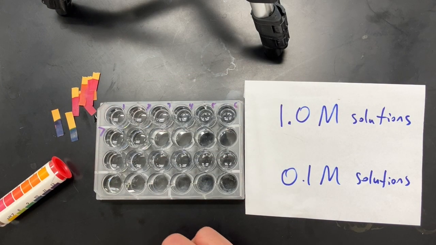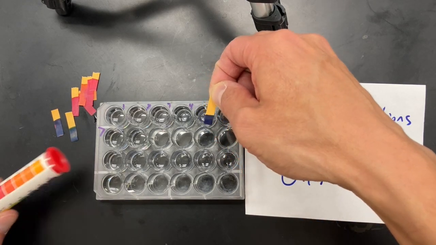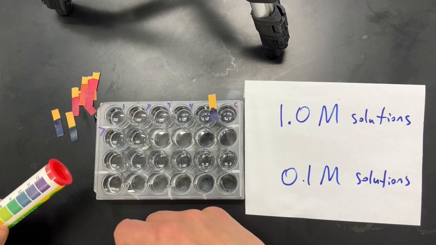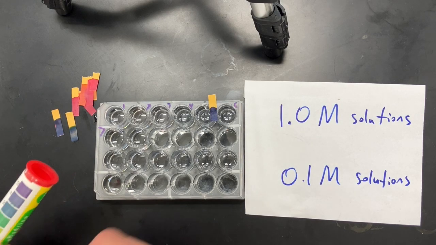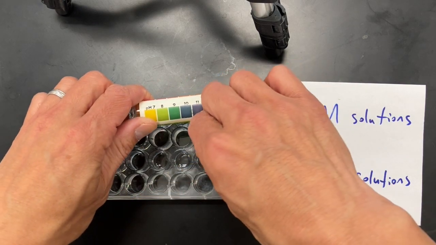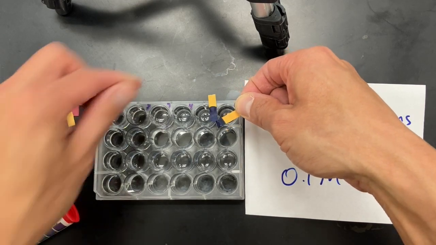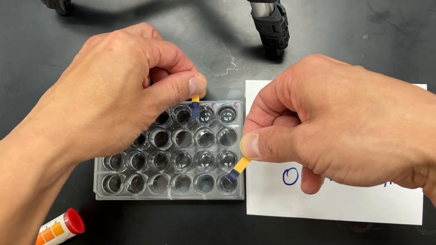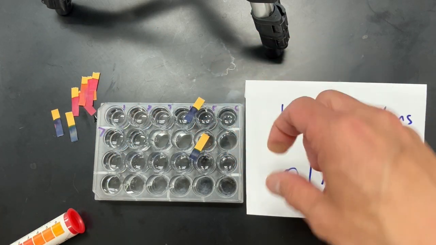The next one is potassium hydroxide. So that one's also 11 to start. And then when you dip it into the other one, I think that's a little bit of a difference also. It's a little lighter. So it goes from 11 to 10.